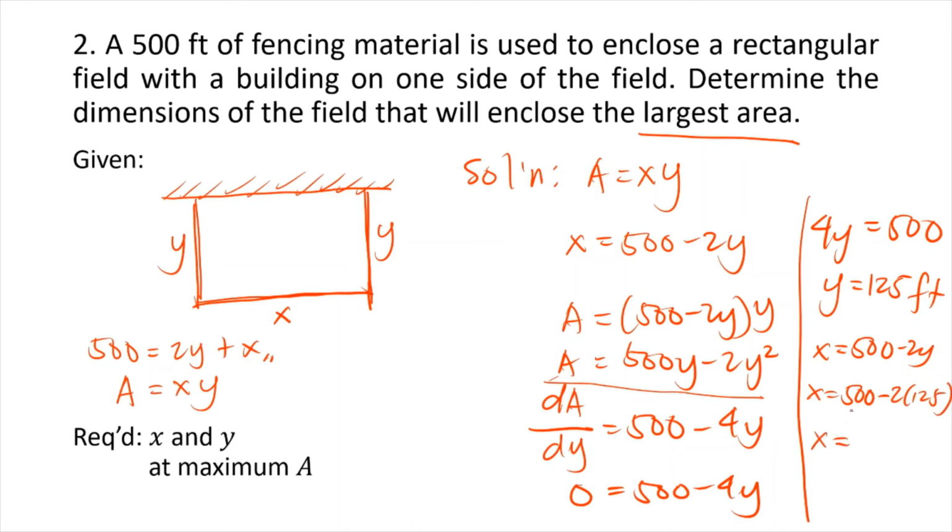Therefore, x is equal to 250 feet. So these are now the dimensions of the rectangular field with a maximum or largest area for 500 feet of fencing material.